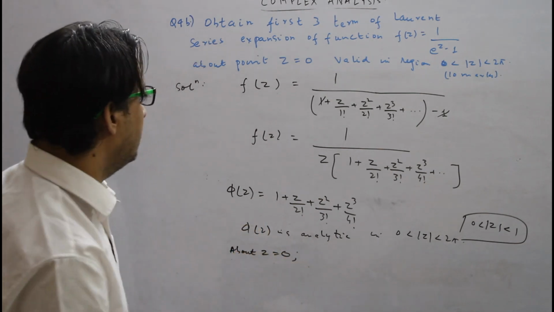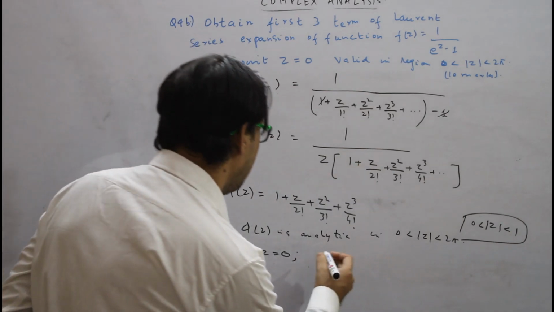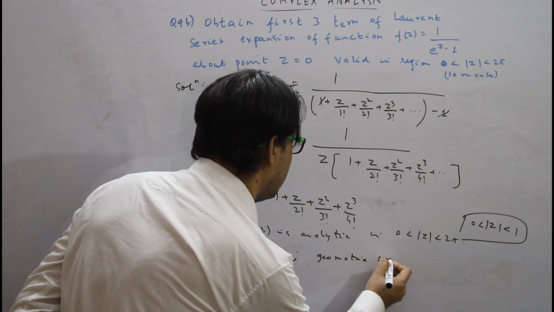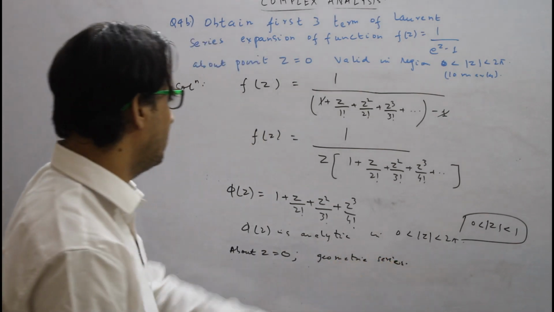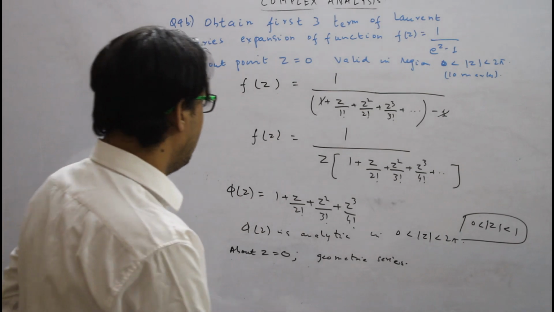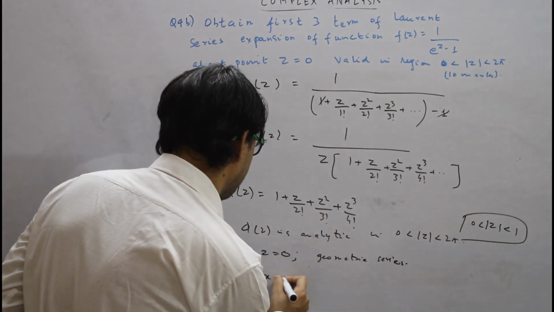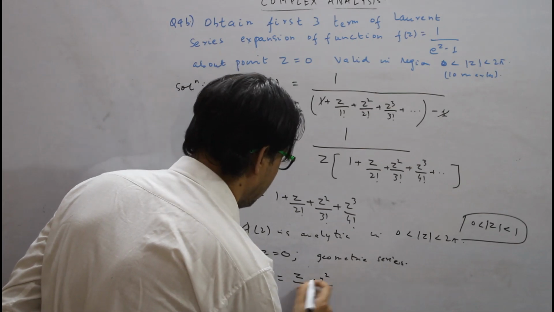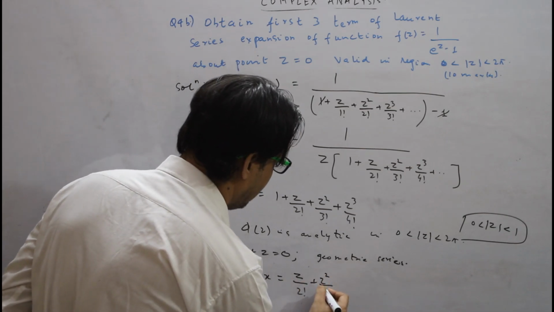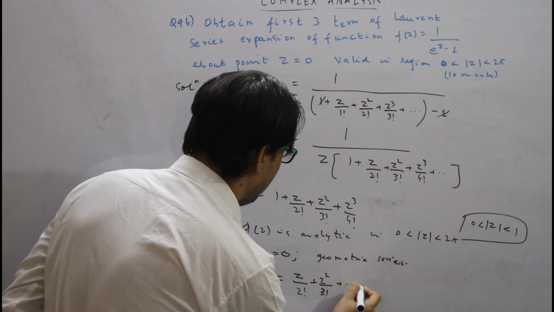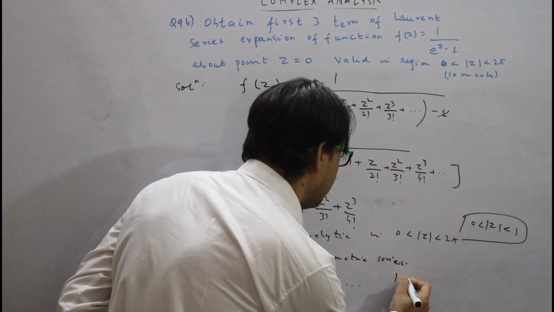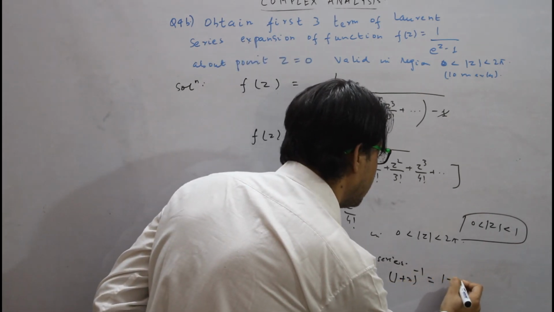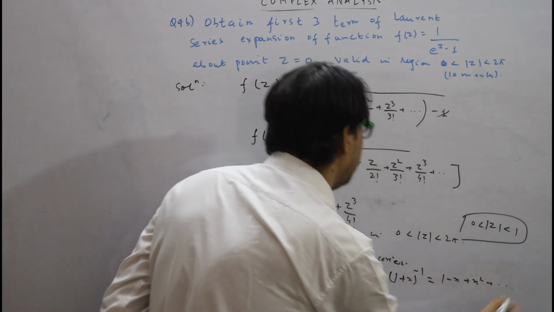So we can write this as a geometric series, geometric progression, we are going to use it. Now if I take x is equal to z by 2 factorial plus z square by 3 factorial and so on, I can expand 1 by 1 plus x, because it is so small, as 1 minus x plus x square and so on.